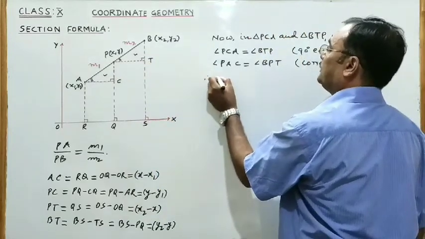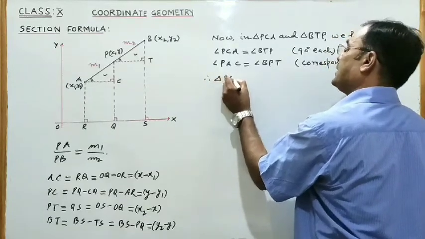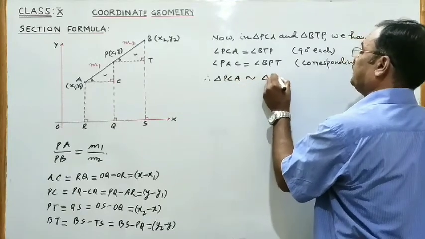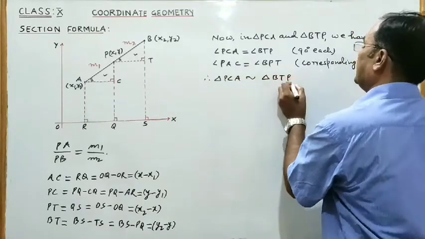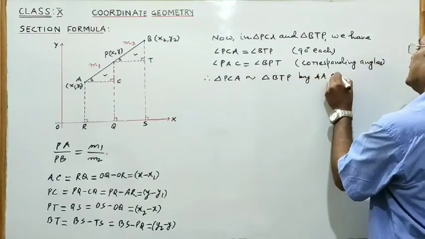Therefore, triangle PCA is similar to triangle BTP by angle similarity.